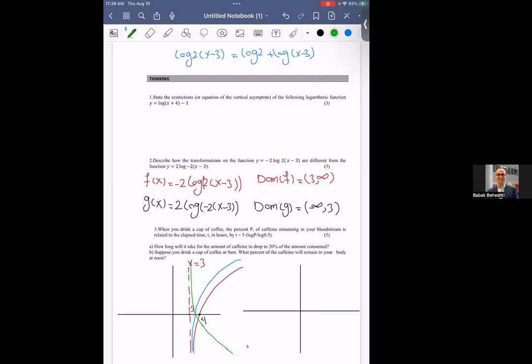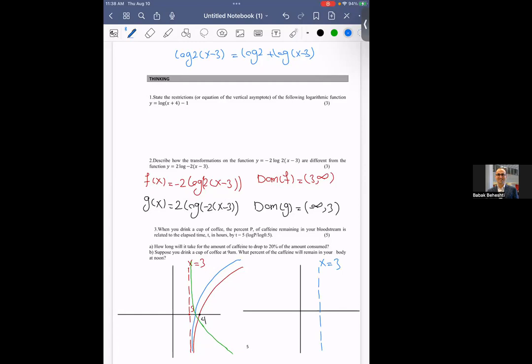Now, the second one, you have log of minus 2 times x minus 3. Let me just quickly tell you, x equal to 3 is a vertical asymptote.